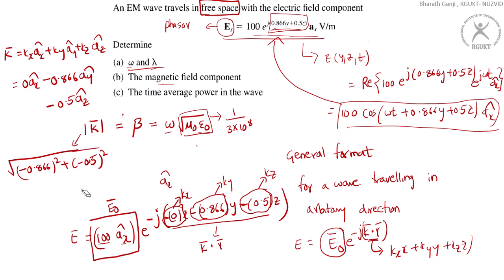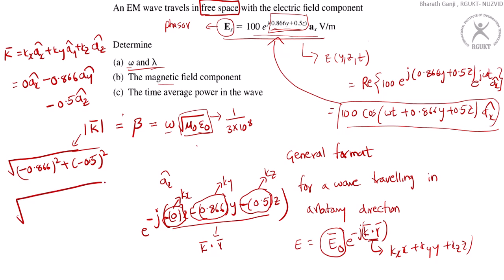Right, so what is this value? If you put it in your calculator, you will get the value close to 1, because 0.866 is nothing but root 3 by 2 whole square plus, minus square is positive, so 1 by 2 square.